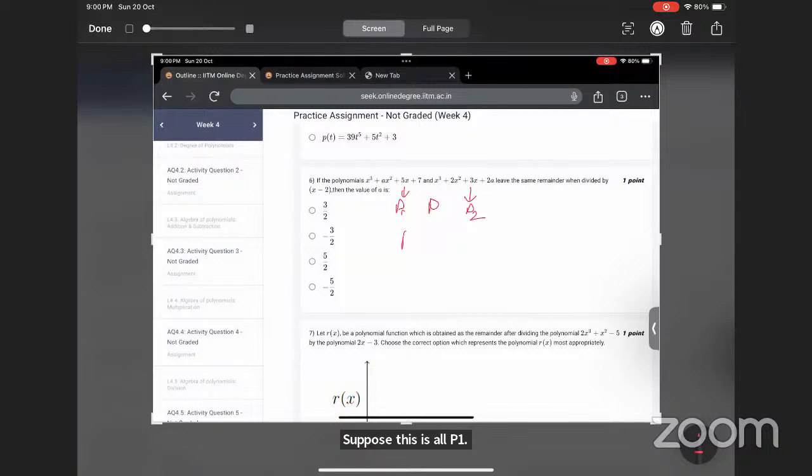So we will get P1 by x minus 2 equals P2 by x minus 2, right? That means we are just equating the equation.